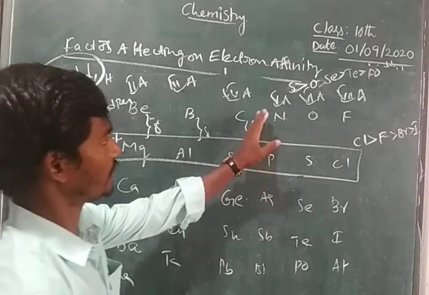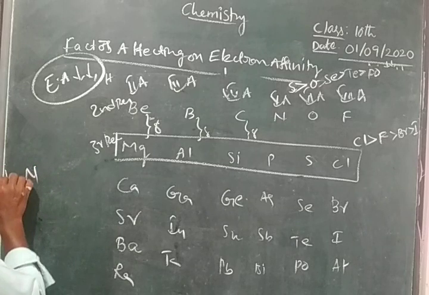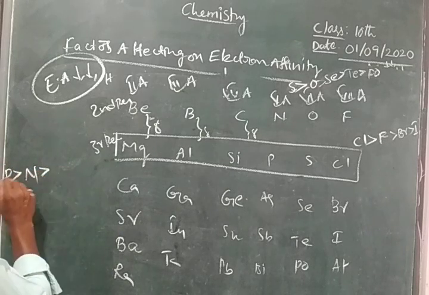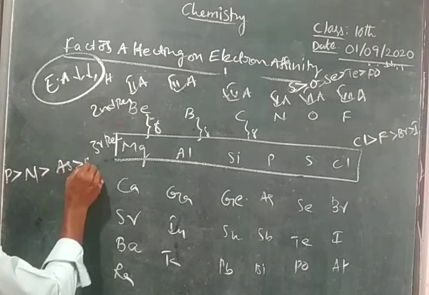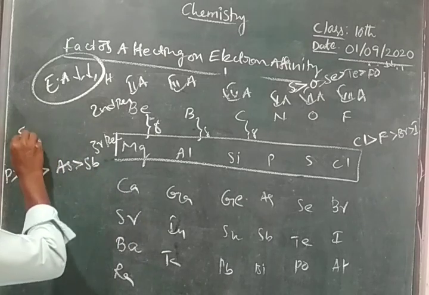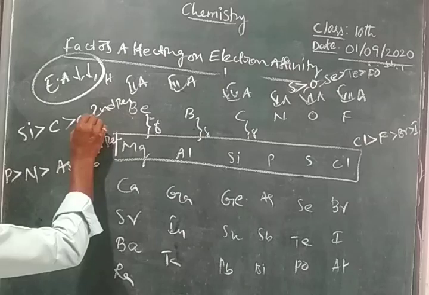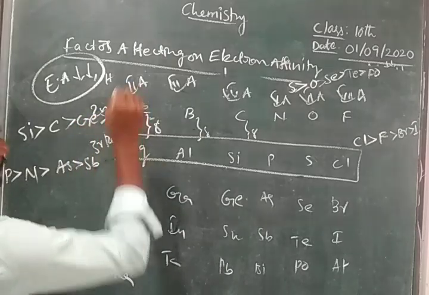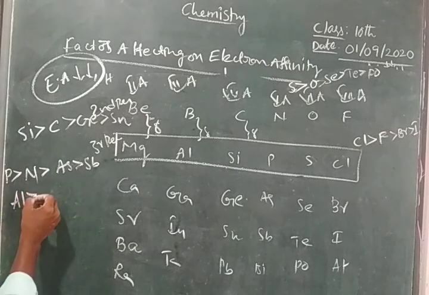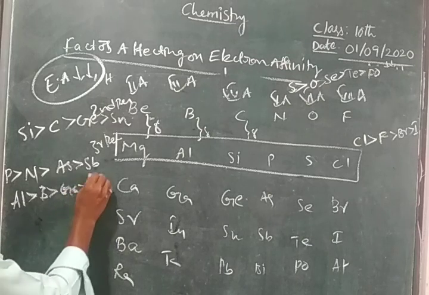Similarly, nitrogen and phosphorus: phosphorus has more electron affinity than nitrogen, then arsenic, then antimony. In the carbon group, silicon has more electron affinity than carbon, then germanium, then tin. Boron and aluminum: aluminum has more electron affinity than boron, then gallium, then indium.